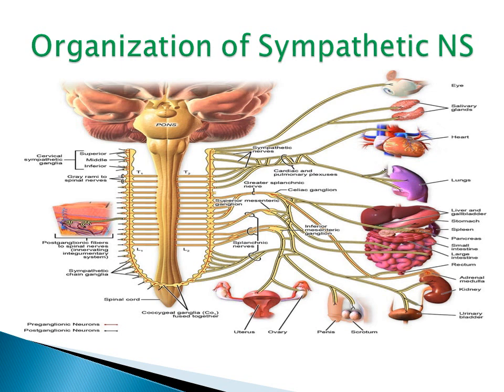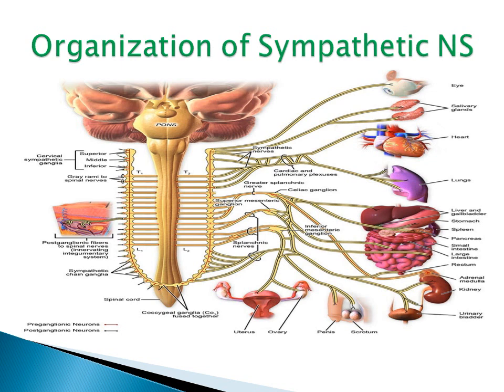So these are the T1 to T12 and L1 to L2 spinal segments in that lateral horn. The basic nuclei for the sympathetic division are present in these segments.